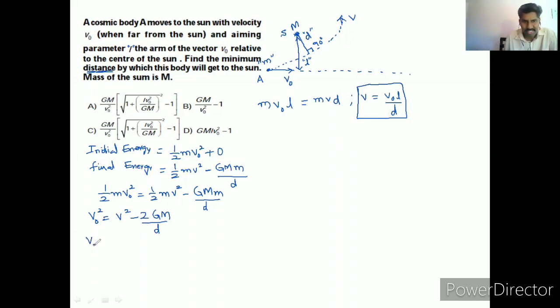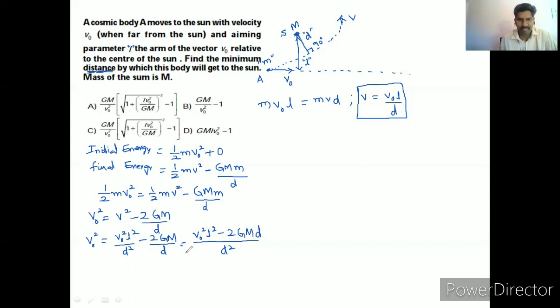Now v naught square is equal to v naught square L square by d square minus 2GM by d. I will take d square as the LCM. So we get v naught square L square minus 2GMd.